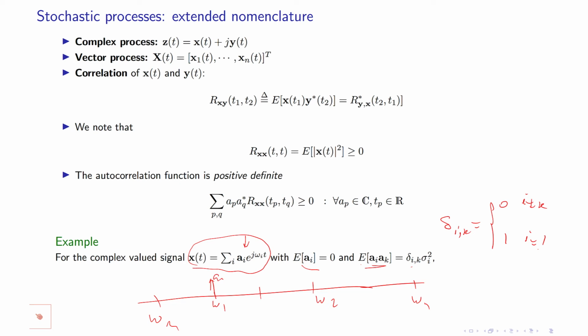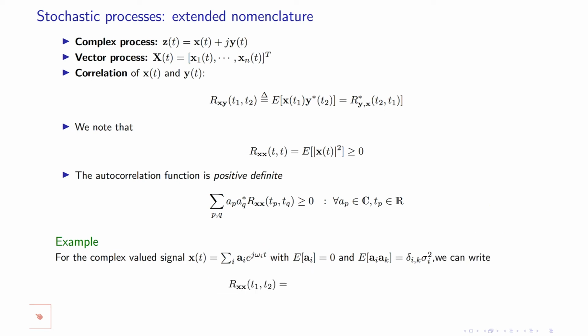So in this example, the autocorrelation function of x of t can be calculated easily. I have to write the expected value of x of t at t1 and x at time t2 with a conjugate. This is a summation, so I get a double sum. It becomes the expected value of the summation over i of Ai e to the power j omega i t1.